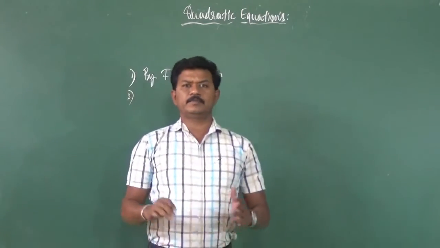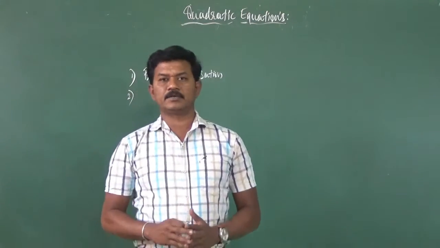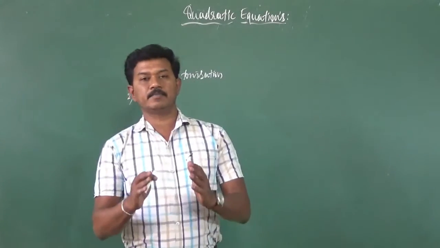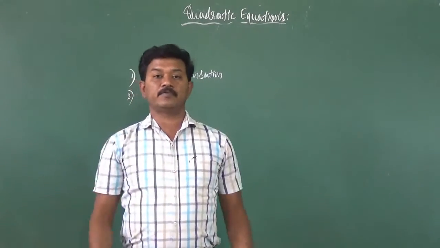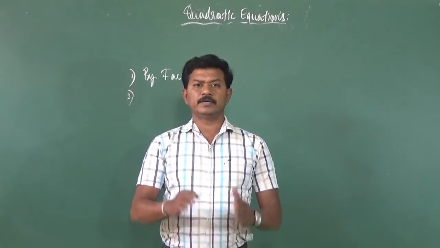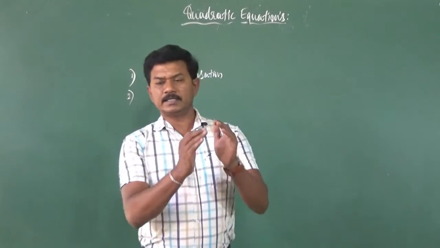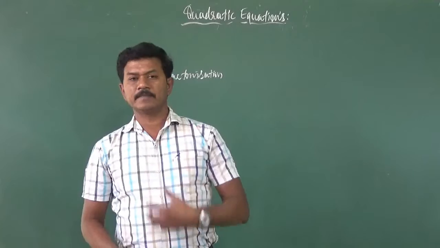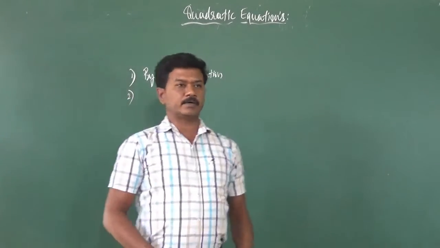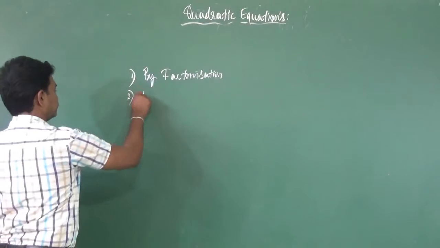But this factorization method or sum and product method is very limited because it cannot be applied to all quadratic equations to get the roots. Only a very limited number of quadratic equations can be solved by factorization.